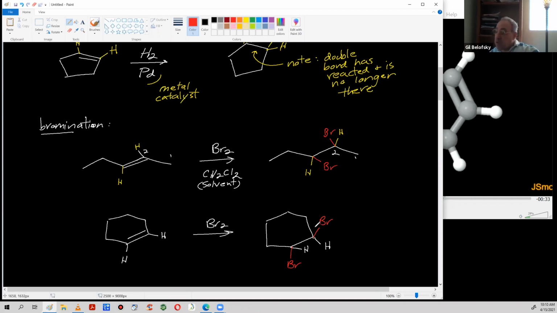If you were to delve into the real mechanism of this reaction, this becomes much more apparent. But what you want to remember with this, if it ever comes up, is that the bromines add trans. So it's a trans addition.